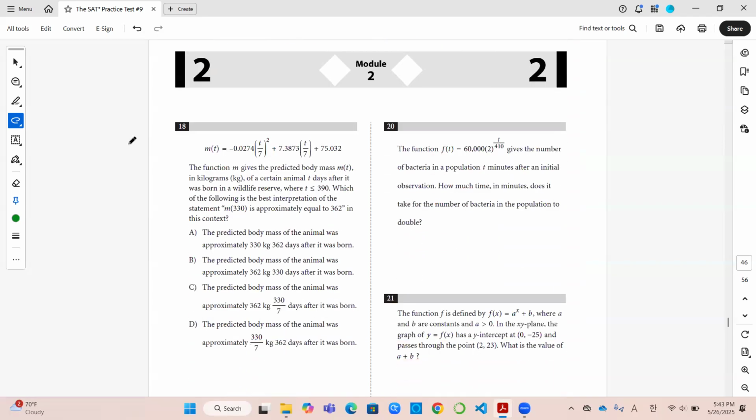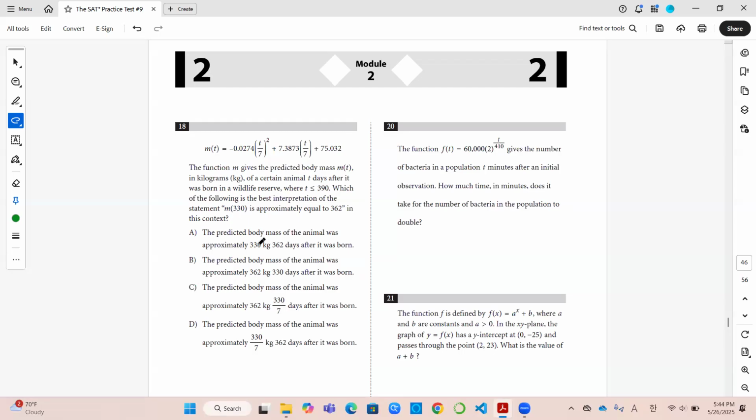Question number 18. The function m gives the predicted body mass m of t in kilograms of a certain animal t days after it was born in a wildlife reserve, where t is less than or equal to 390. Which of the following is the best interpretation of the statement m of 330 is approximately equal to 362 in this context? T is time, and I'm feeding in a time number, so 330 should be a time variable.